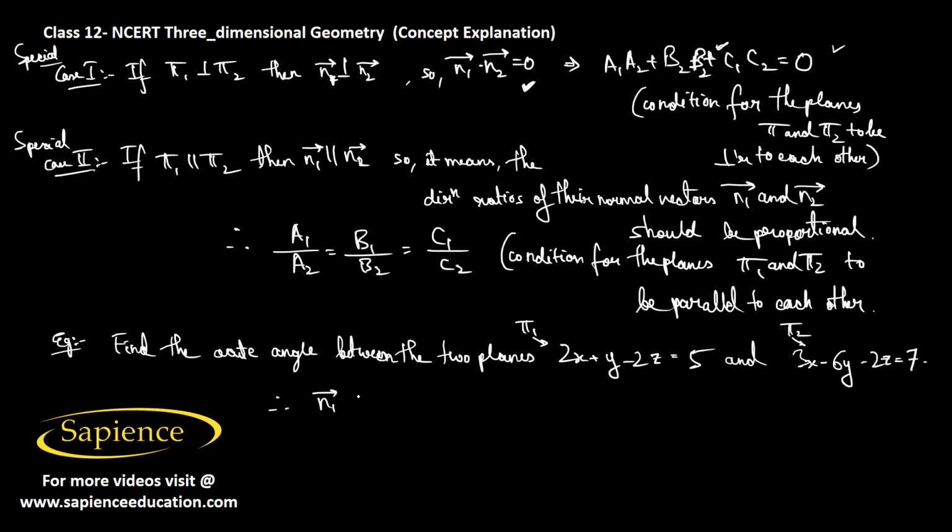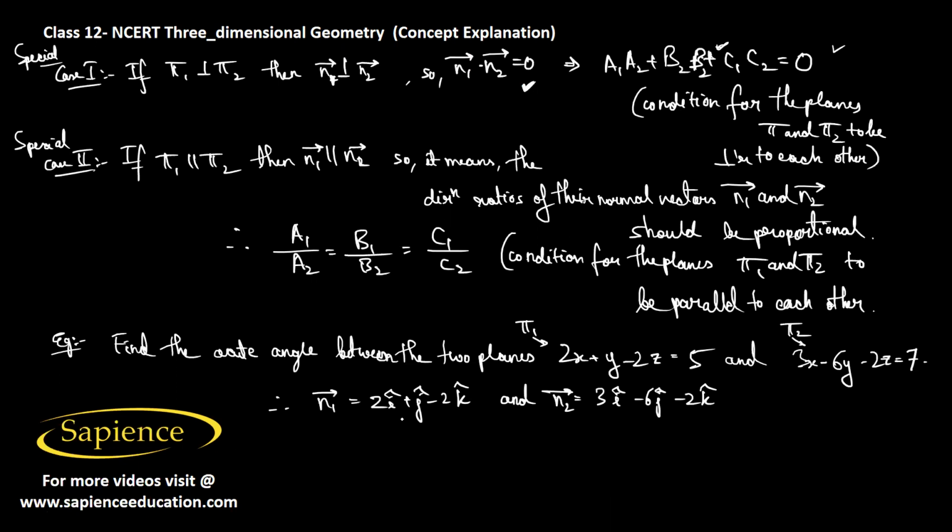Therefore, n1 vector would be equal to 2i cap plus j cap minus 2k cap, and n2 vector would be equal to 3i cap minus 6j cap minus 2k cap.